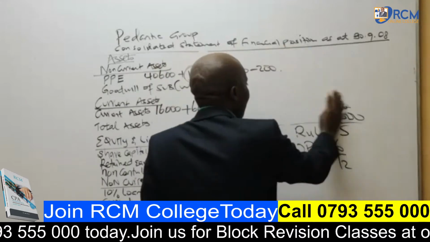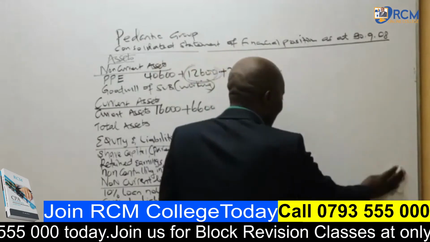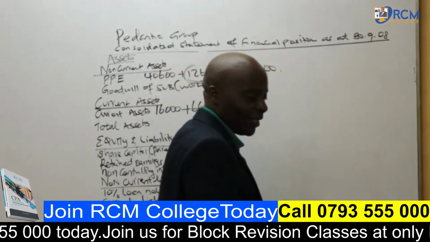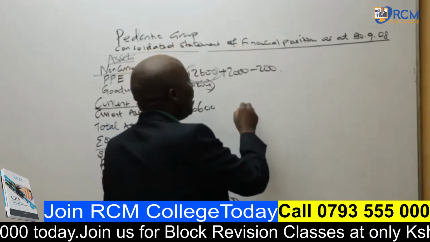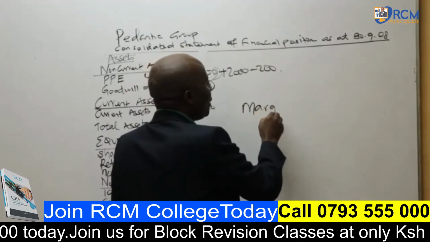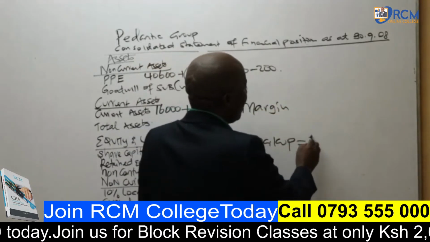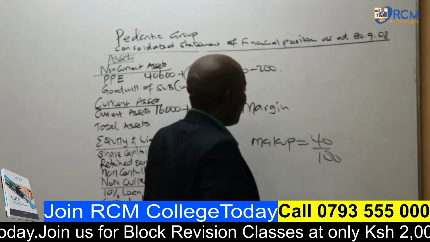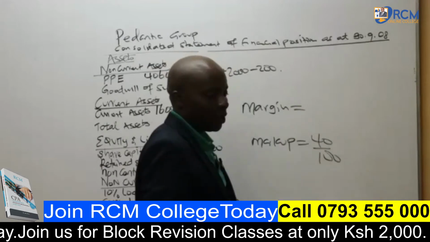Whenever I see markup, I can see some low-hanging fruit. This examiner will be able to give me some marks there. Whenever I see markup, I must change this to margin. So markup is 40/100. When markup is 40/100, could you kindly give me the value of margin?